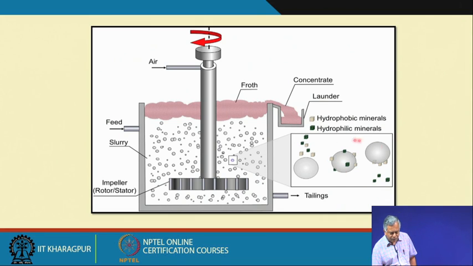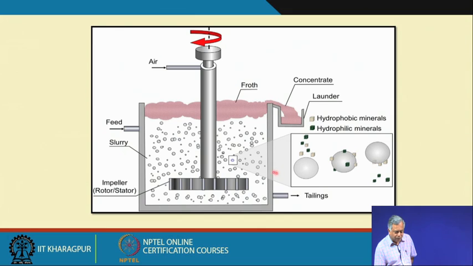This diagram I would like to show you, of how the particles get adhered to the bubble surface and how they are transported. Suppose the lighter color represents the hydrophobic minerals and the darker colors represent the hydrophilic minerals.